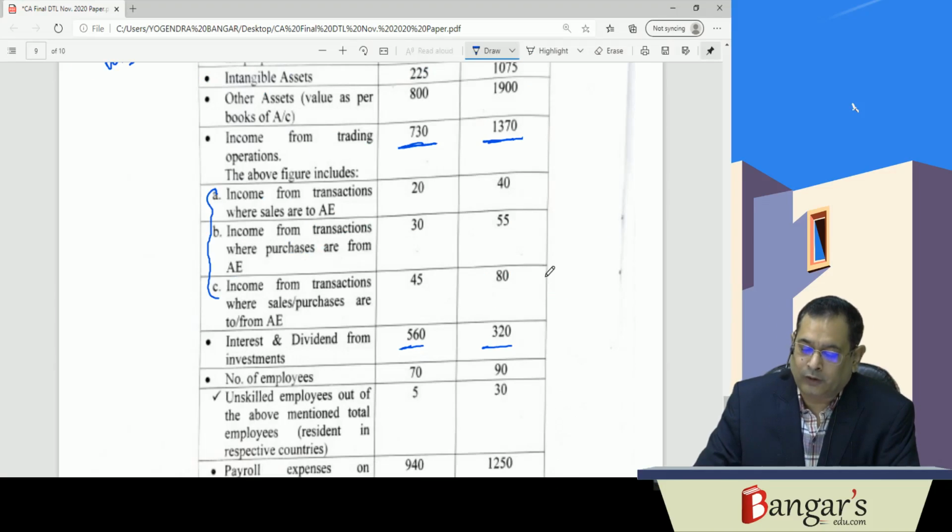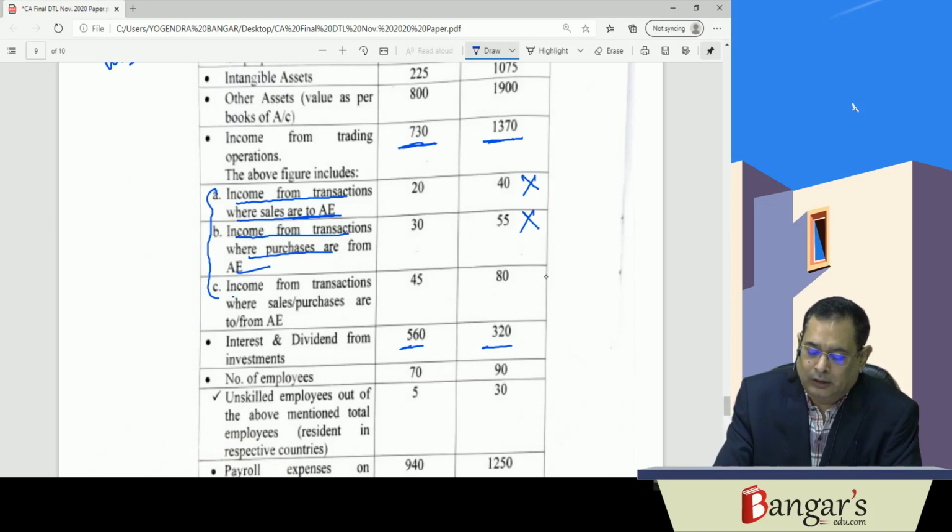Then what is the passive income here? Income from transactions where sales are made to an associated enterprise won't come under the ambit of passive income. Income from transactions where purchases are made from the associated enterprise won't come under passive income either. Income from transactions where sales and purchases are both to and from the AE will come under the ambit of passive income.